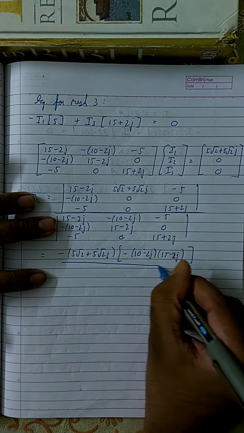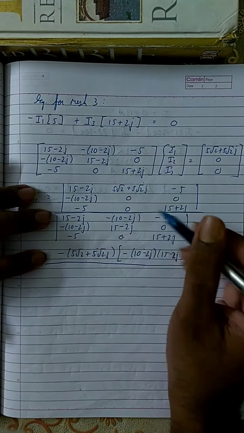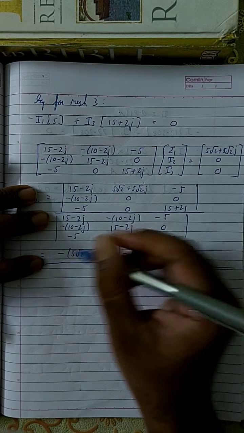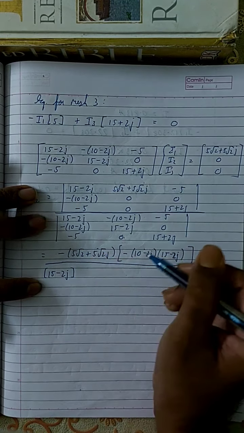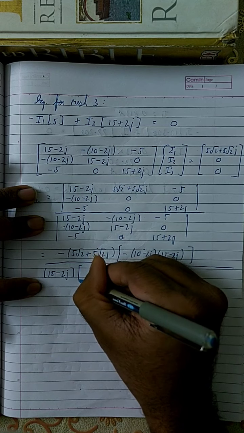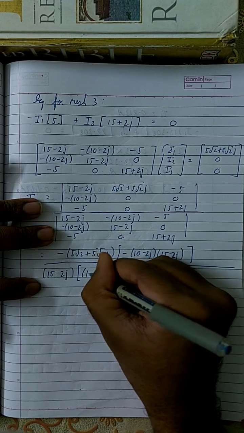Now the denominator. We have 15 minus 2j into 15 minus 2j into 15 plus 2j.